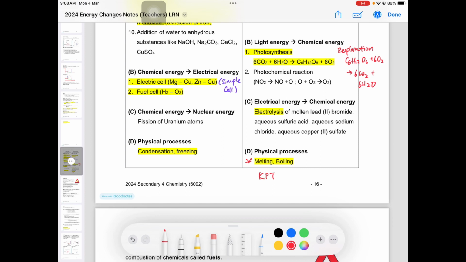So energy is required to overcome attractive forces between the particles for it to melt or to boil. Therefore, for condensation and freezing, which are the opposite processes, they will be exothermic in nature.